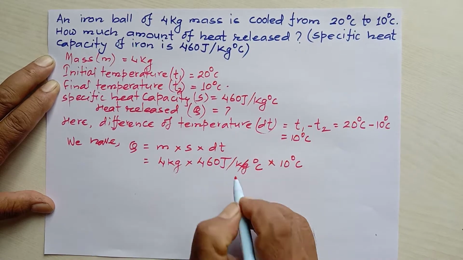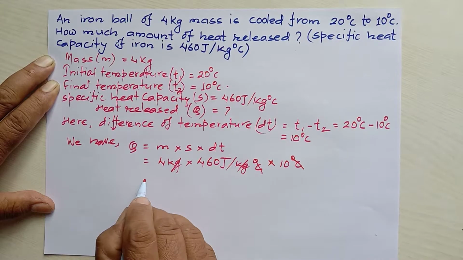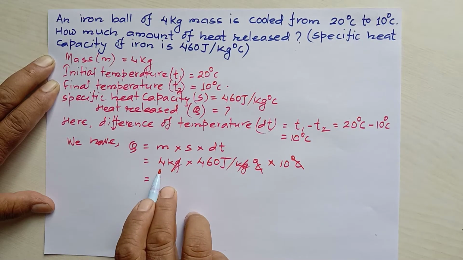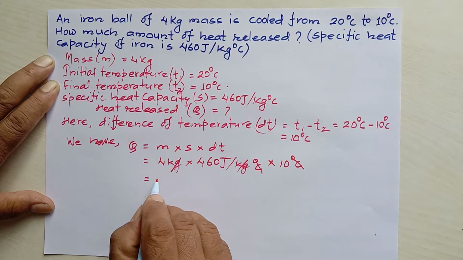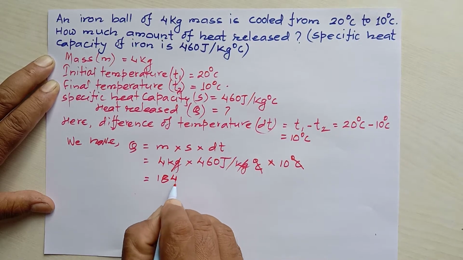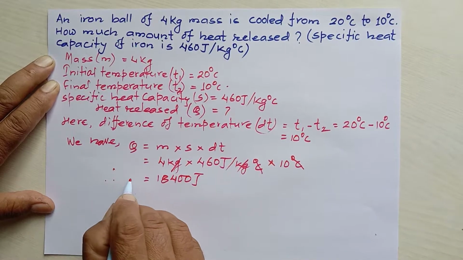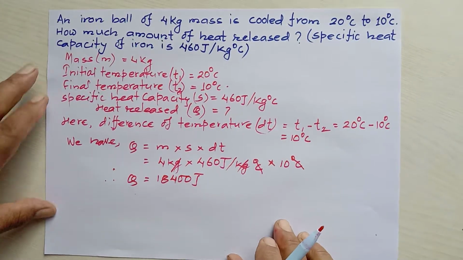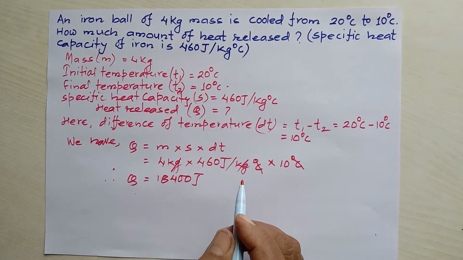And this kilogram and this kilogram cancel, degree Celsius cancel, only joule is left. And when we multiply 4 with 460 and 10, then the result will be 18400. We can use a calculator easily. Therefore the final result is Q equal to 18400 joule.